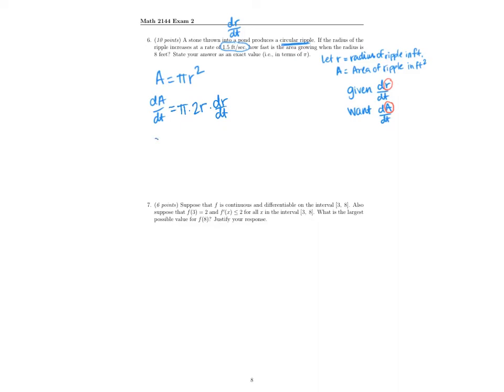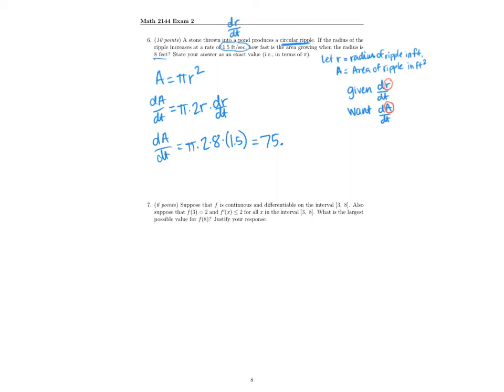So dA dt is what I'm looking for. Pi times, and I want to compute the rate of change of the area when the radius is 8 feet, so I'm going to plug in 8 for r. And then dr dt is 1.5 feet per second. I'm just going to multiply all those things together. In my calculator I got 75.398.